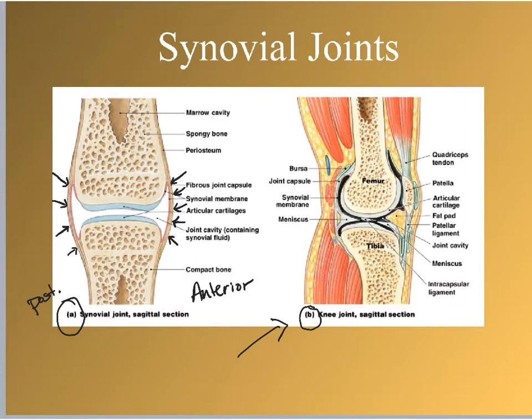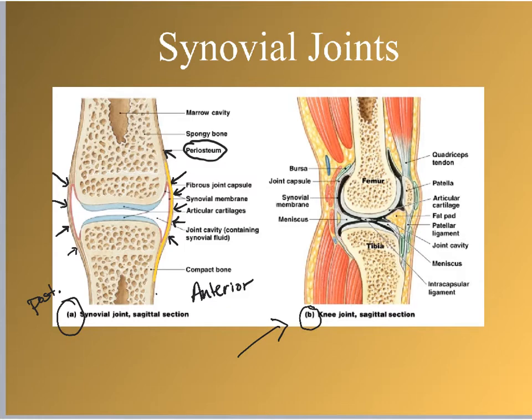Well, look up here. Surrounding that joint is periosteum. So essentially what happens is that periosteum becomes the articular capsule, and that articular capsule weaves directly into the periosteum of the next bone.